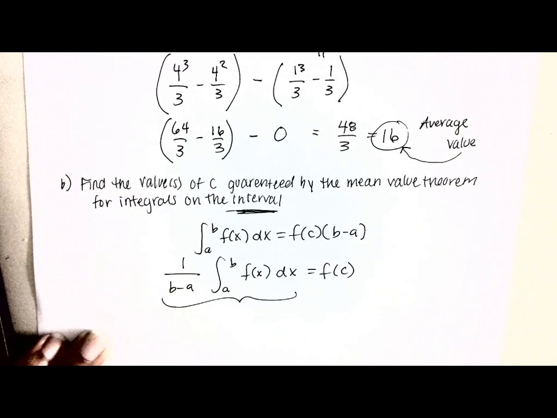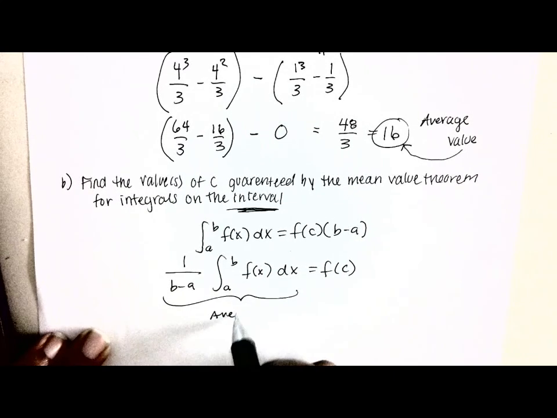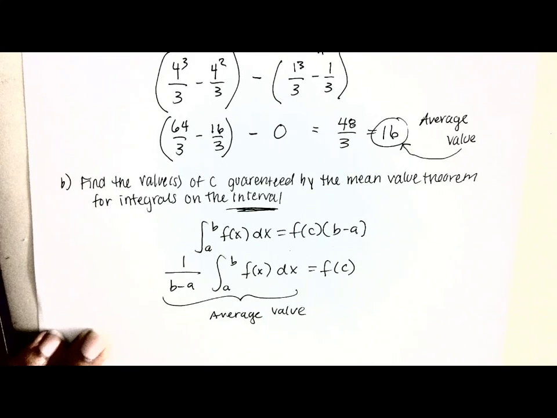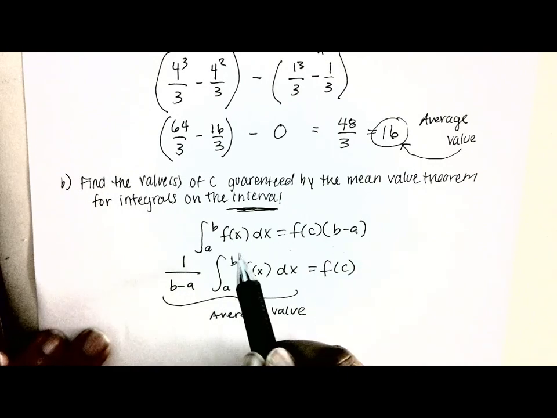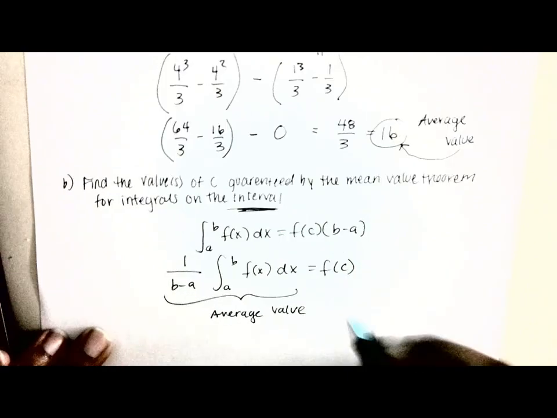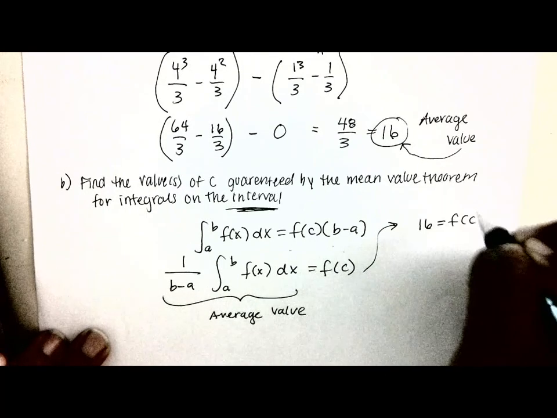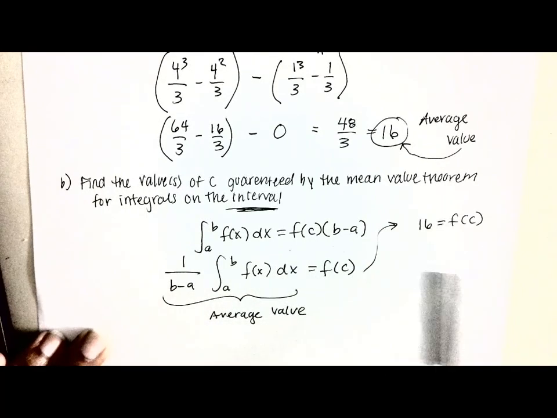This side is exactly the average value. I already found the average value. What's the average value? 16. So that means 16 equals f of c.